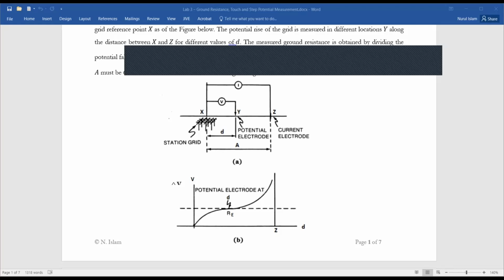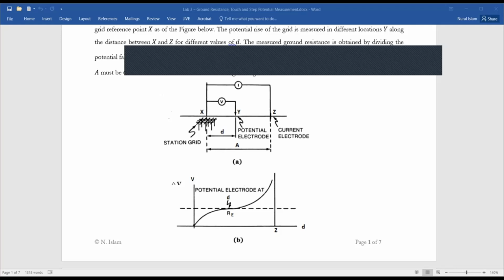As we move further, the voltage difference between this reference point and the auxiliary electrode Y will be higher, and at a certain point we'll see that the voltage is not changing. Why won't it change? Because in that area we are not having any voltage. Voltage is equal to 0.